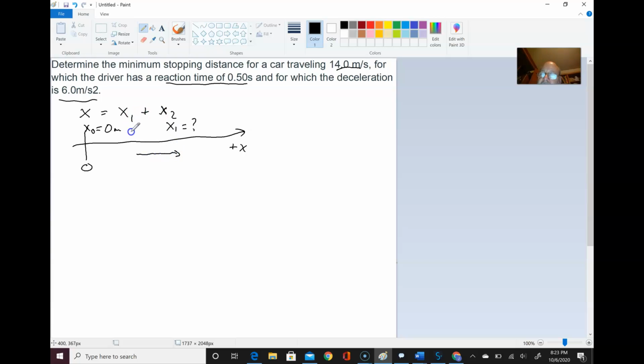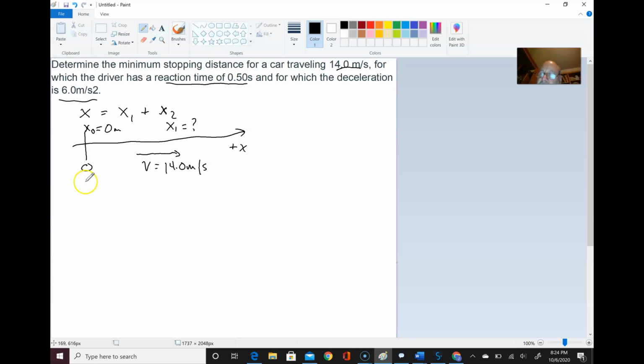I'm not accelerating at all. I just have a v, and that v equals 14.0 meters per second. I don't have any kind of acceleration or deceleration during that time, so I don't need to worry about that. And I've been told how much time I have.